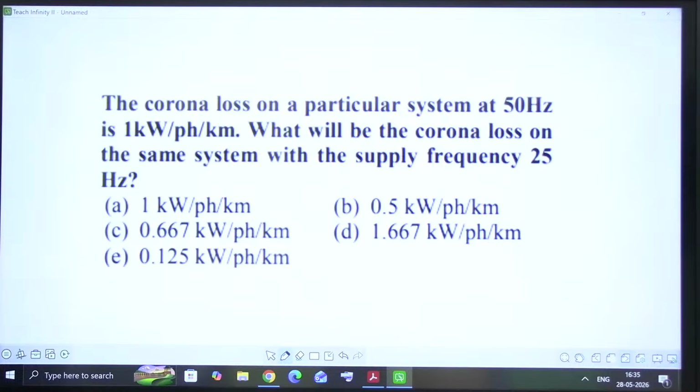Yes, what is the question saying? The corona loss on a particular system at 50 hertz is 1 kilowatt per phase per kilometer. What will be the corona loss on the same system with the supply frequency 25 hertz? Supply frequency is reduced to 25 hertz.